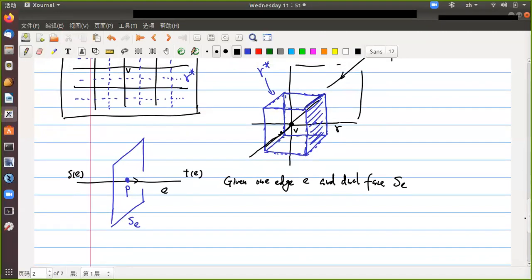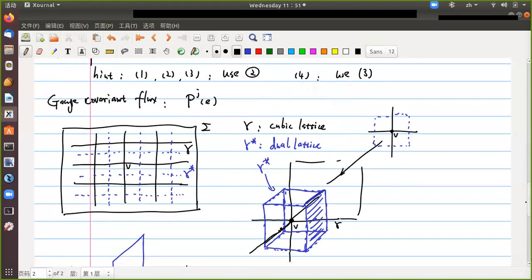Okay, and to define the covariant flux, by the way, what I should mention is that this covariant flux is different from the holonomy variable. That's why I say it's more complicated.